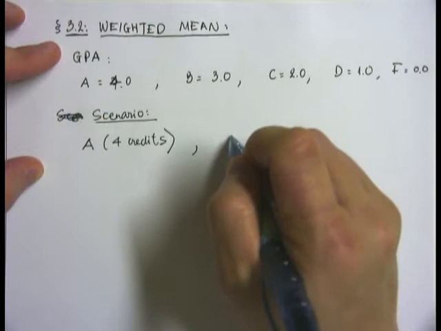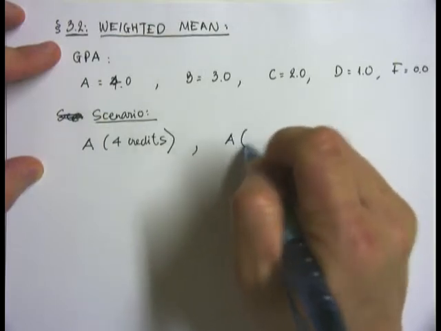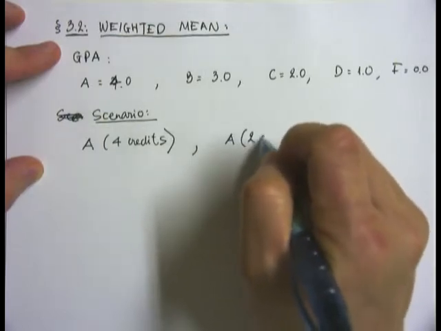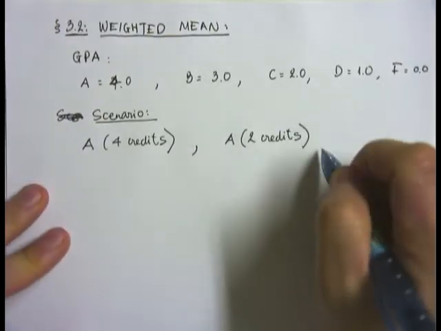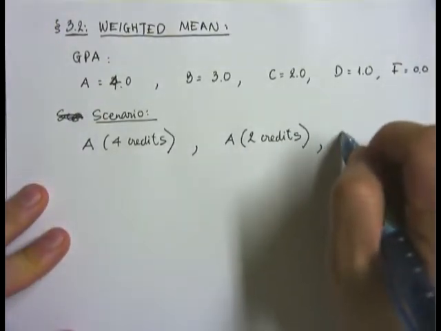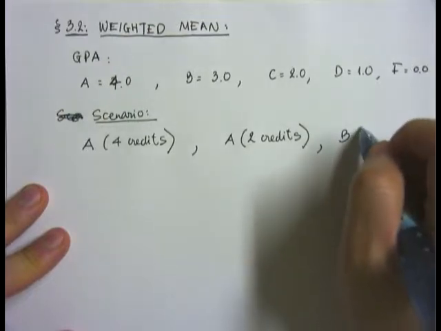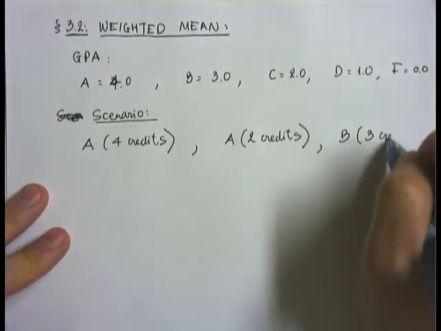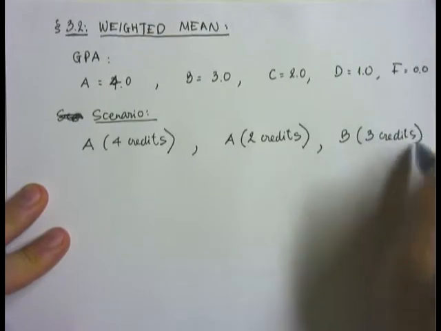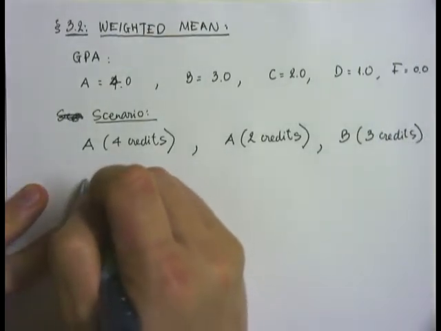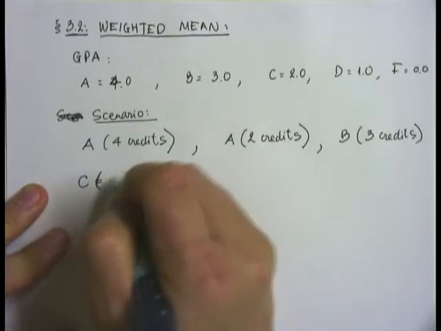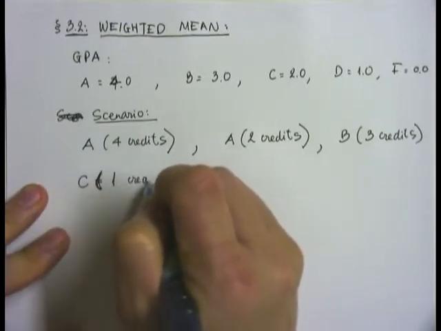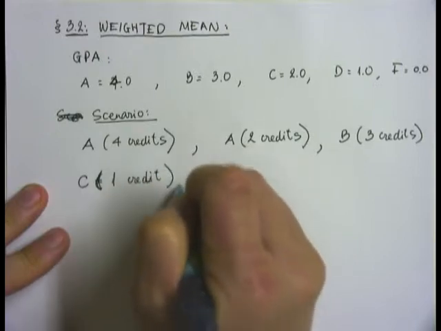She or he also earns another A for a 2 credit class, and then the student also earns a B for a 3 credit class, and at the same time earns a C for a 1 credit class.